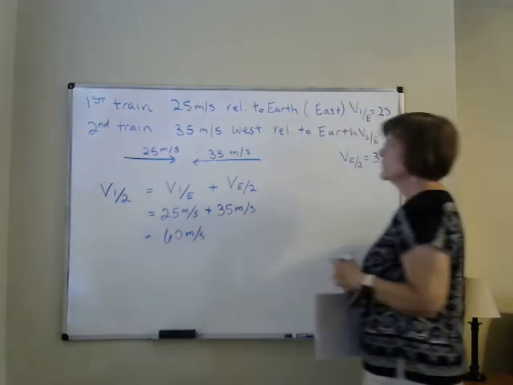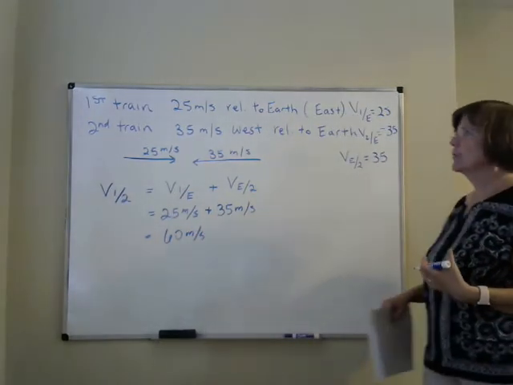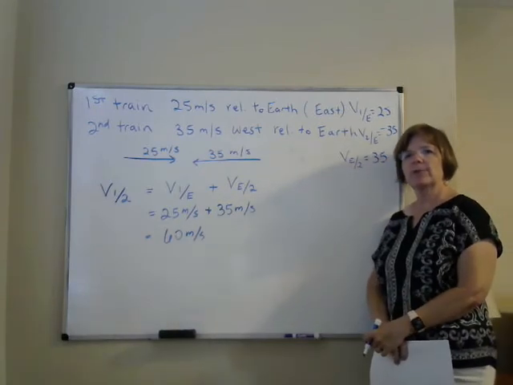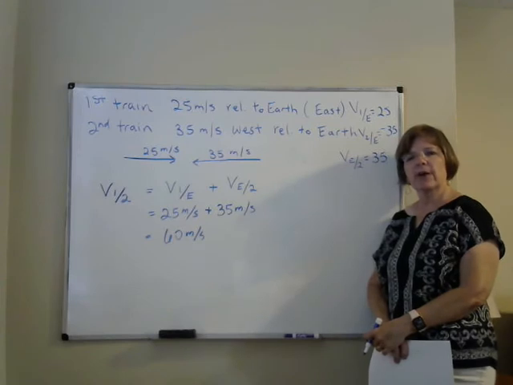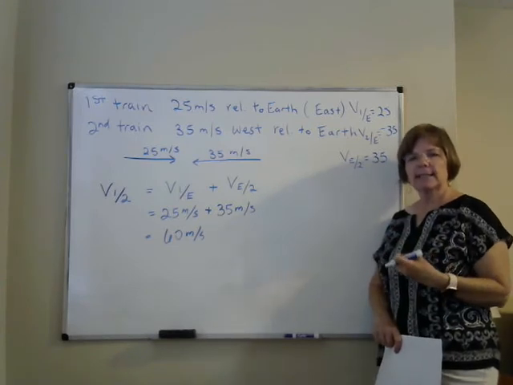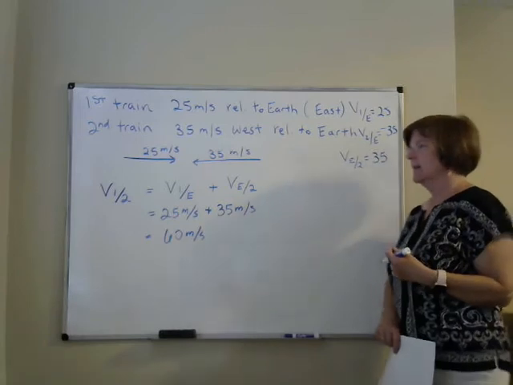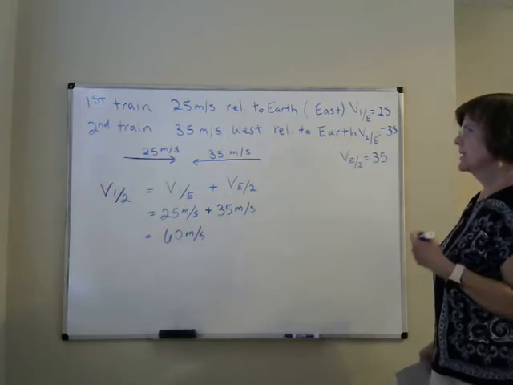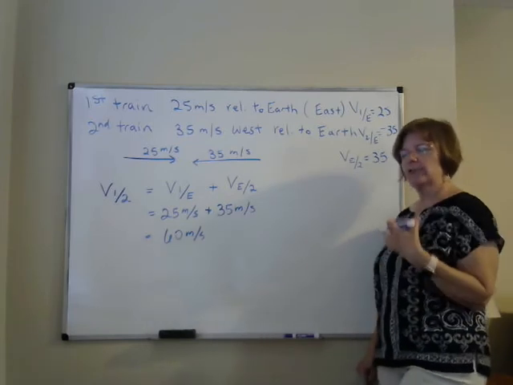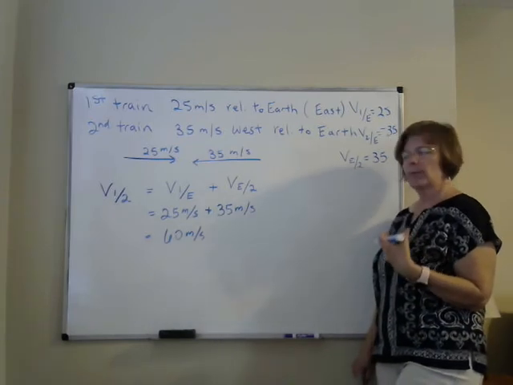A lot of you didn't need that much work. You know, once they're headed towards each other, one's going 25 meters per second, the other one's going 35 meters per second, they're closing that gap at 60 meters per second. So if you're in train 2, it appears as if train 1 is coming directly at you at 60 meters per second.